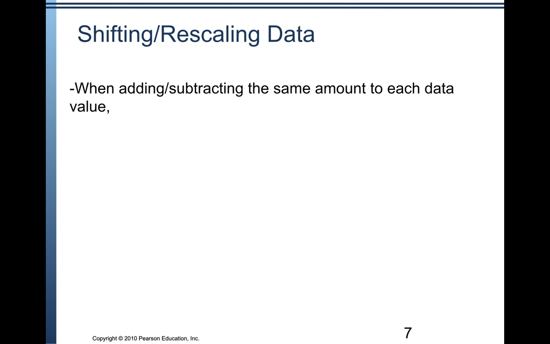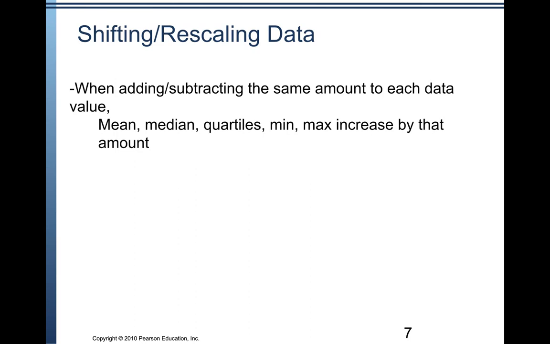No matter how much your bill is, I add, say, $10 to your bill. That would be an example of shifting data. When you add the same amount to each data value, like adding $10 to everyone's bill, everything in this list is going to increase by that amount.